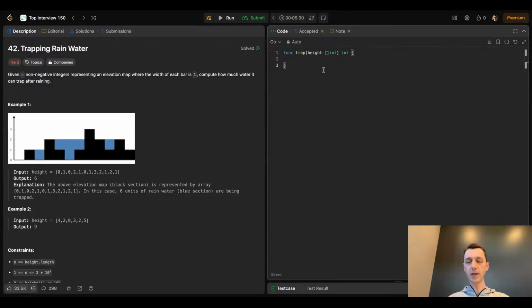So the trick is, if we know there is an infinite wall, or at least a wall that's higher than everything else, then we'll know that from this 2, that's the maximum it can hold.